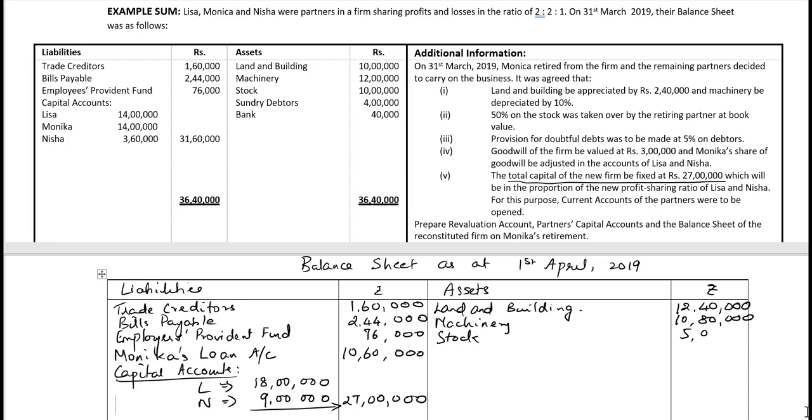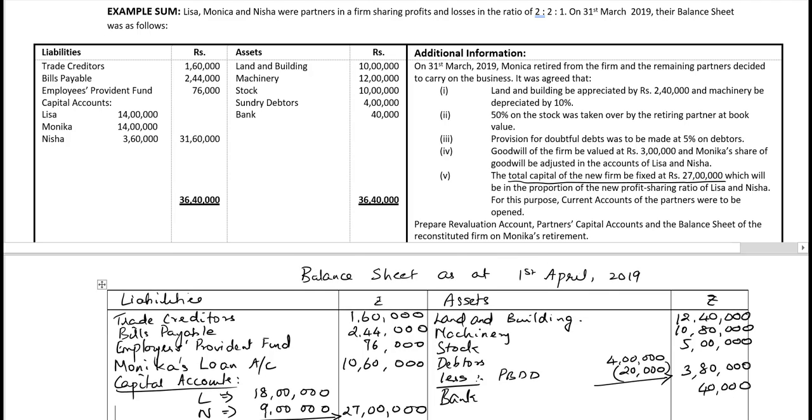Balance left is only 50%, which is rupees 5 lakh. Debtors, the original amount of debtors was rupees 4 lakh. We made a provision for doubtful debts at 5% on debtors, which is 20,000 rupees. The final amount is 3,80,000 rupees. Bank, there is no change in the bank balance, 40,000 rupees.